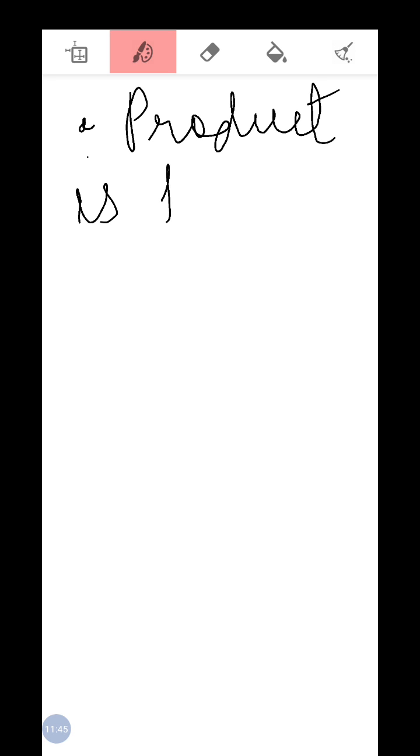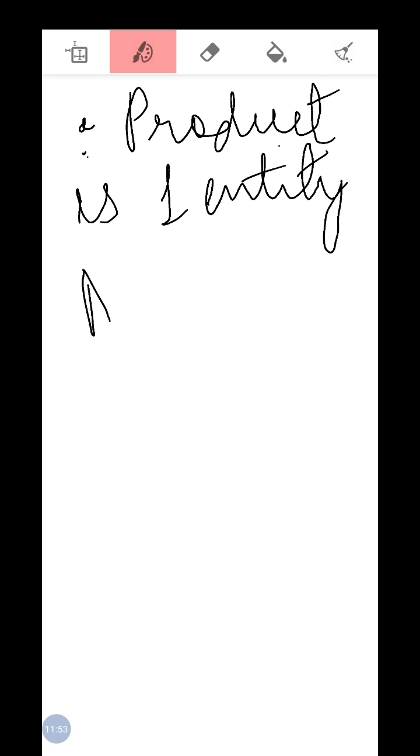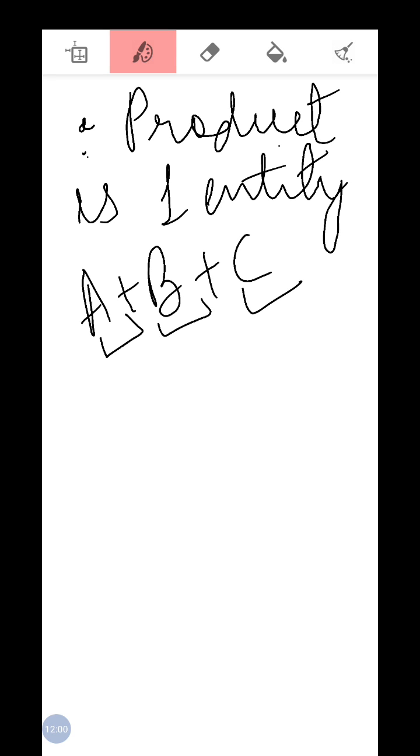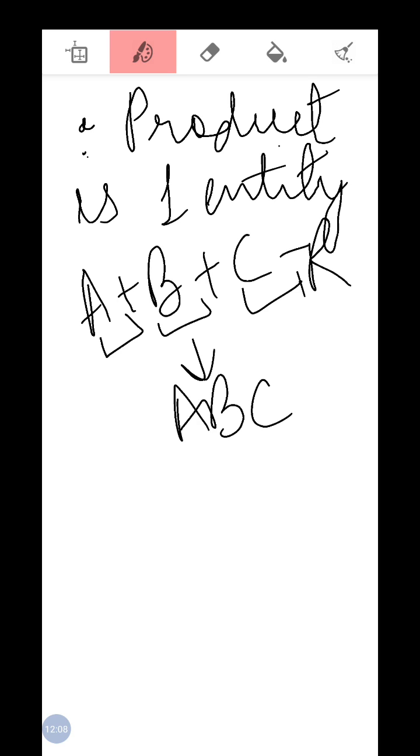Okay, as we saw in the sodium chloride case. So there could be basically more than one element, A plus B plus C. Okay, they combine together to form ABC. Now here, these are the reactants, right? Now A plus B plus C, these are three separate entities. Okay, and ABC is one entity.